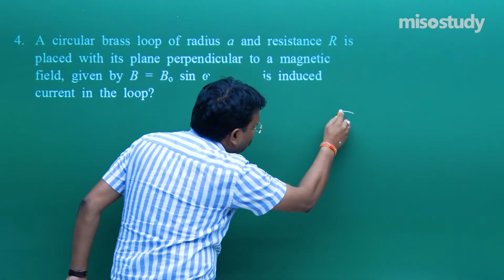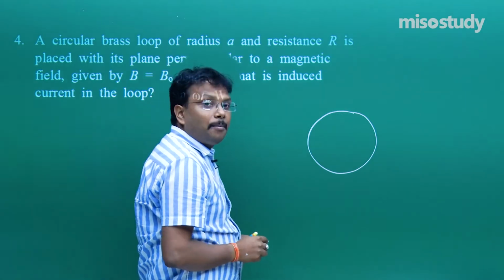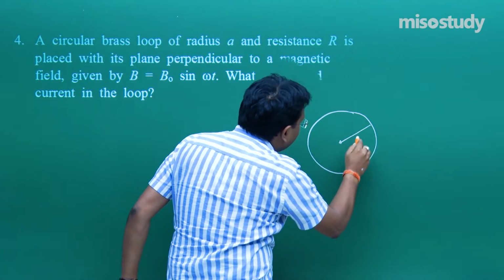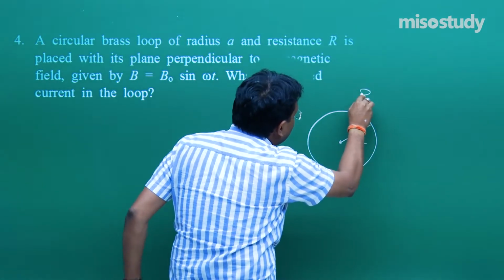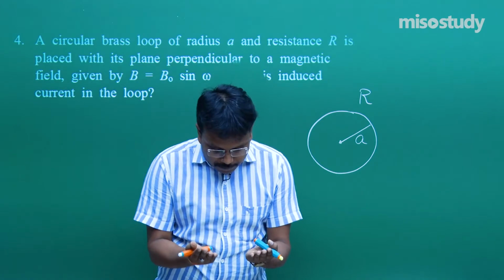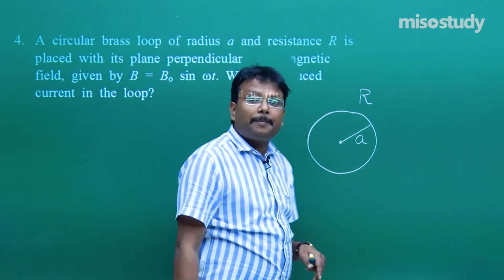So, just take a look. This is a circular brass loop and the radius is A and the resistance is R. It is like that. I am observing it from the top. Fine. Okay. Now, the magnetic field is perpendicular.